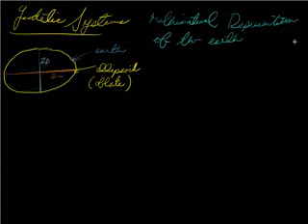Okay, so with an oblate ellipsoid, 2a is greater than 2b. Or if you divide both sides by 2, a is greater than b. So these are the two axes of an ellipsoid.